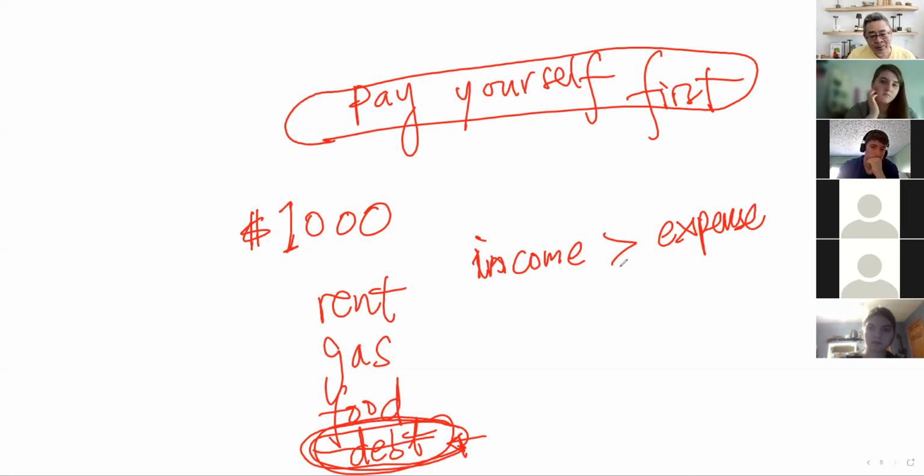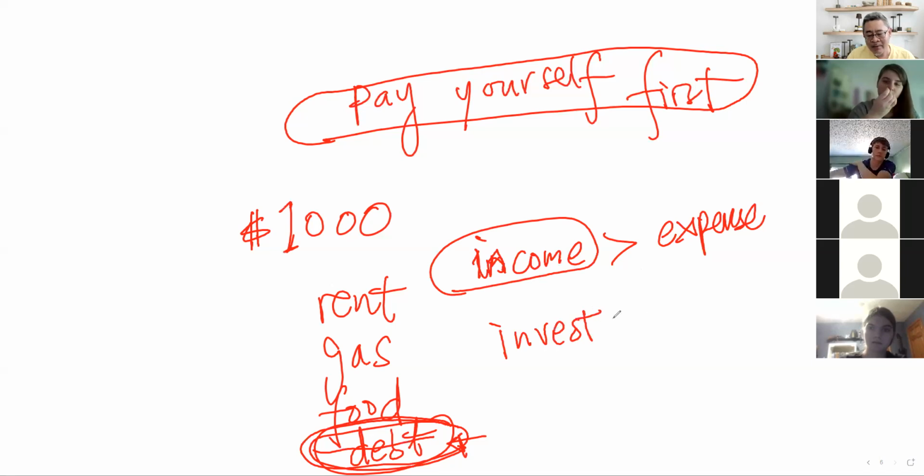Then yes, sometimes we have to get into debt, unfortunately. But there is also something called investment, not just of money. You can also invest in yourself, for example by learning a new skill, or maybe starting a business. Good. So we either increase income or we decrease expense.